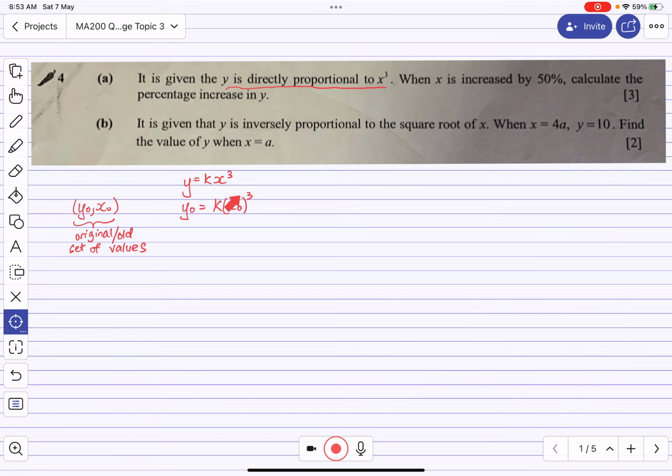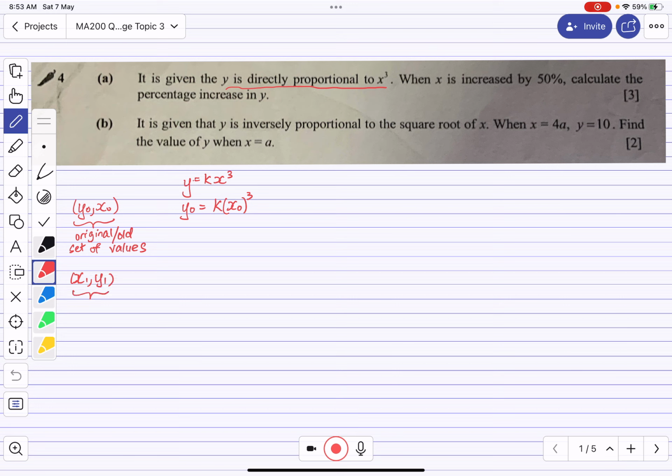Now for the new set of values, x1, y1, I know that again y1 would be k of x1 cubed.